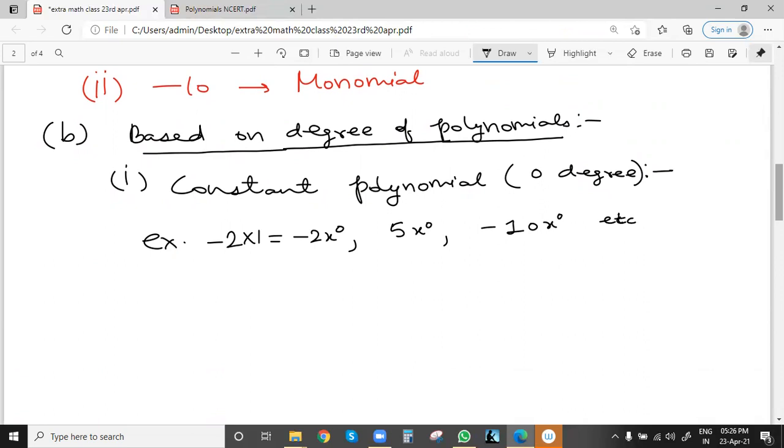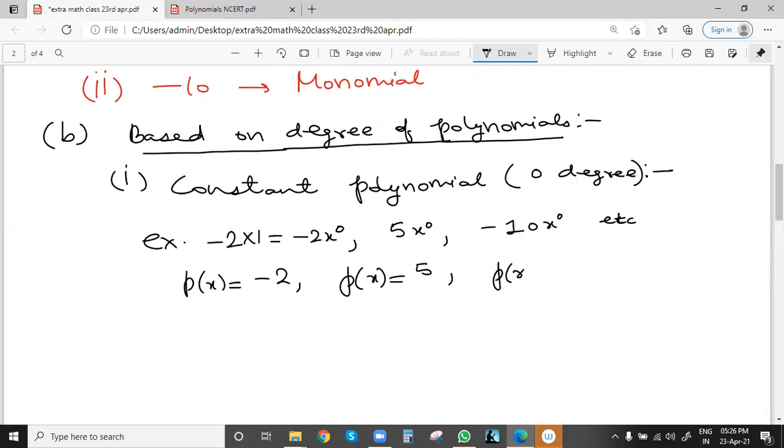All these are examples of constant polynomial. Constant polynomial is a constant value. So, sir, that means in constant polynomials, when there is no power mentioned, the degree is 0? Right.